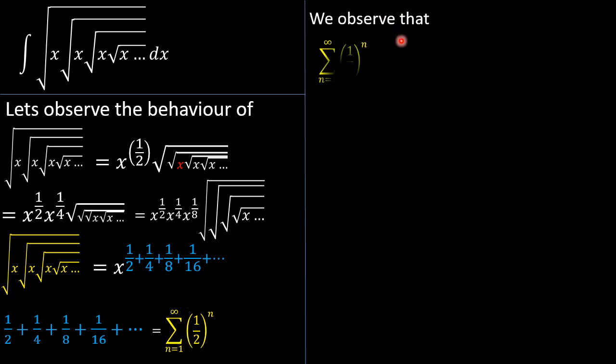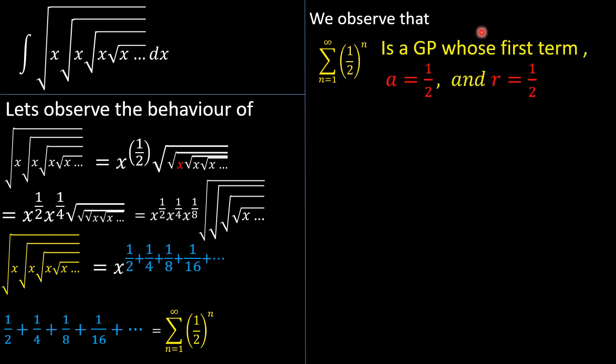Now friends, if we make some observations, we are also going to see that the series as n goes from 1 to infinity of (1/2) to the power n is simply a geometric progression whose first term a is 1/2 and whose common ratio r is equal to what? Still 1/2. You can see it by simply taking the second term divided by the previous term.